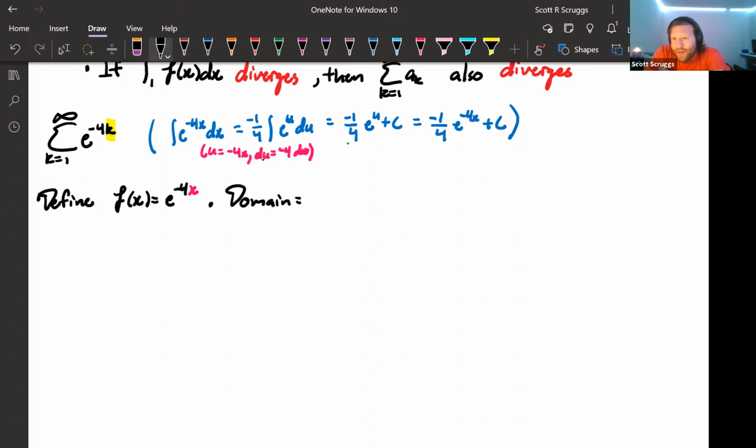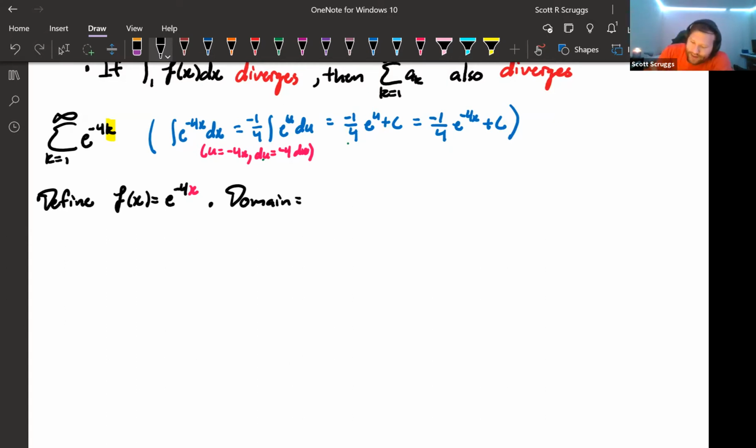What would the domain be for that function? One to infinity. Now, why 1 to infinity and not say like 700 to infinity or -2 to infinity?